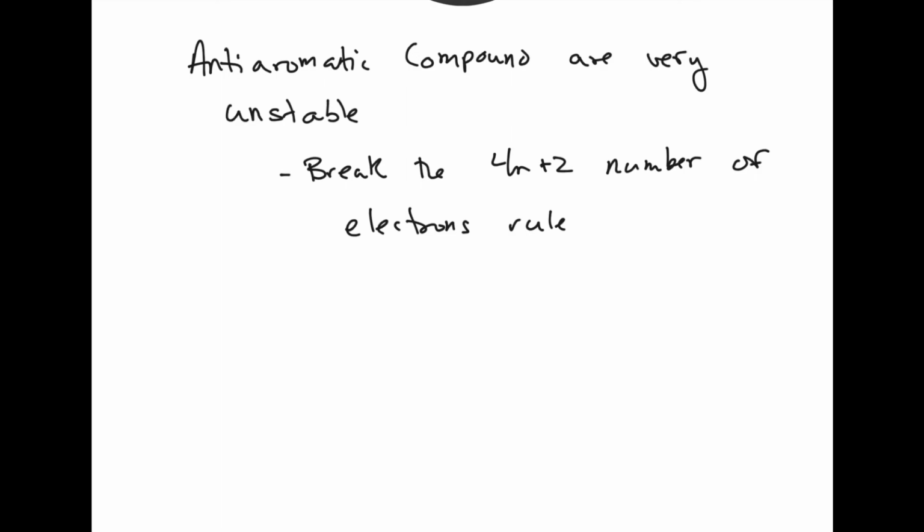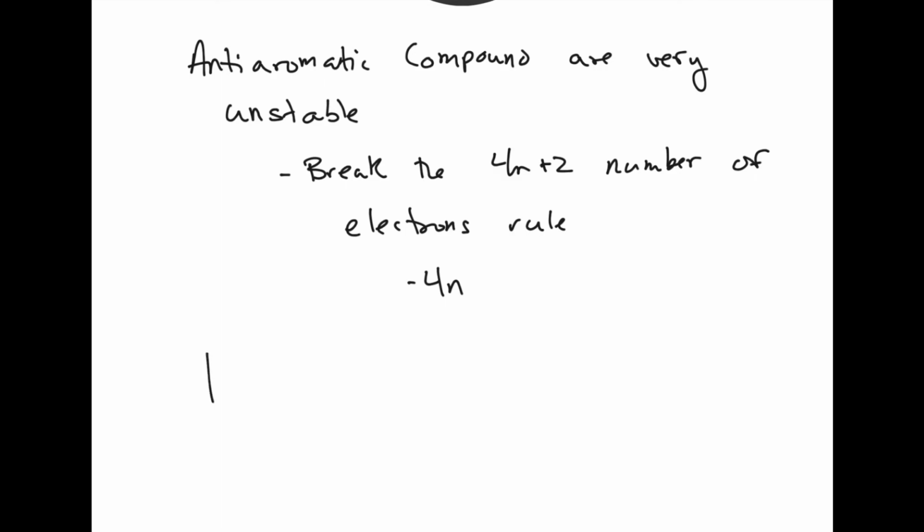So anti-aromatic compounds are flat rings that have a p orbital on every atom, but they don't have a 4n plus 2 number of electrons. They instead have a 4n number of electrons. So they otherwise look like they're going to be aromatic, but they have the wrong number of electrons.